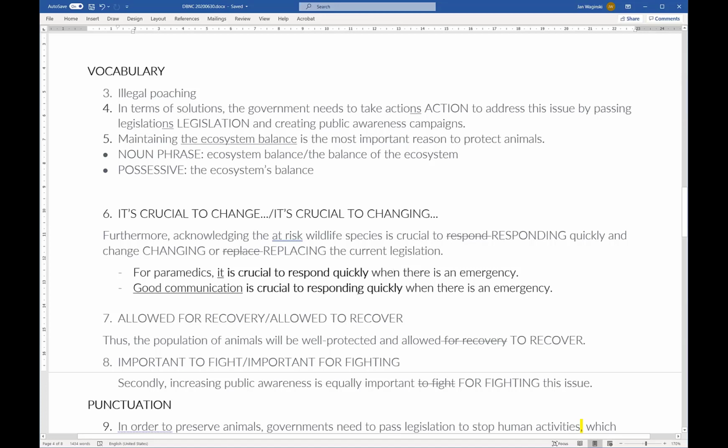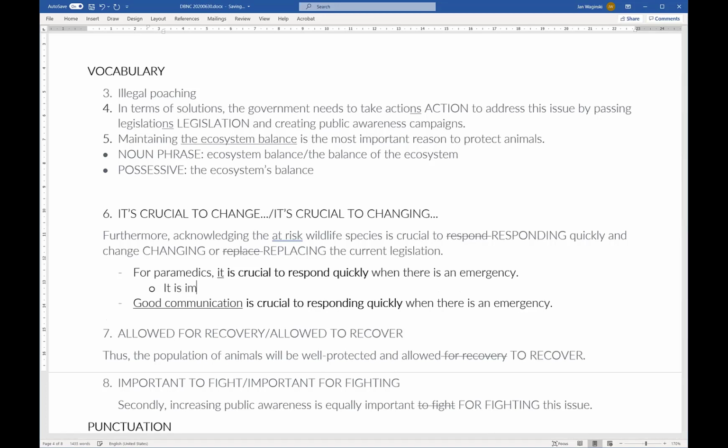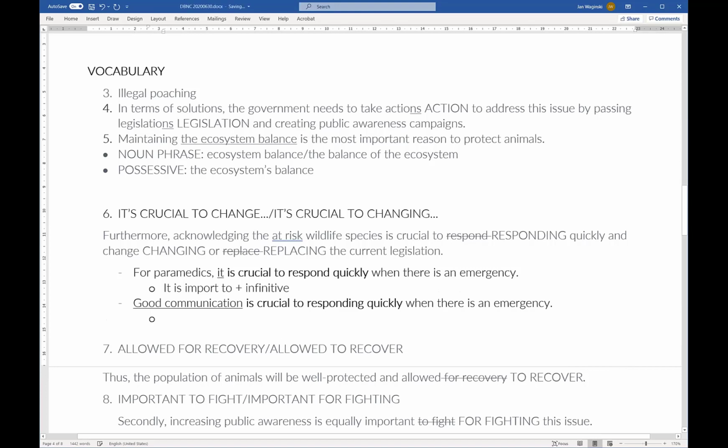When the subject is not clear, it is important to do something. While if the subject is definite, like good communication or factors, factors is crucial to doing something. Important for.